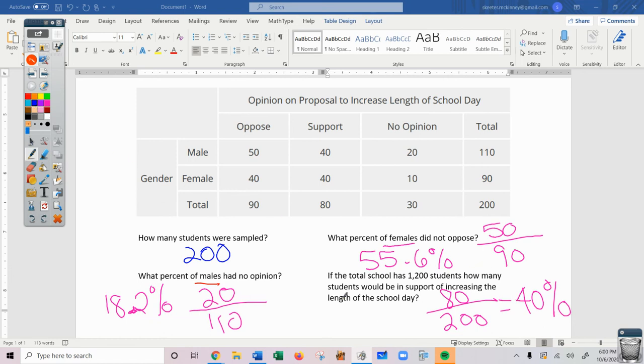So if we're taking 1,200 times 40%, we need that as a decimal. So we need 1,200 times 0.4. And when we do that, we get 480 students. Now, does that mean exactly 480 students will be in support? No. But is that a super educated guess based on the data that we have? Yes, it is.